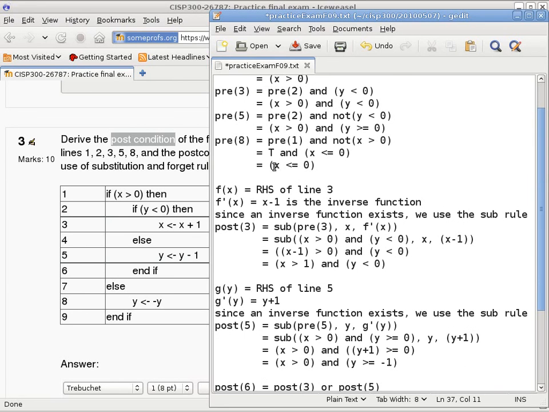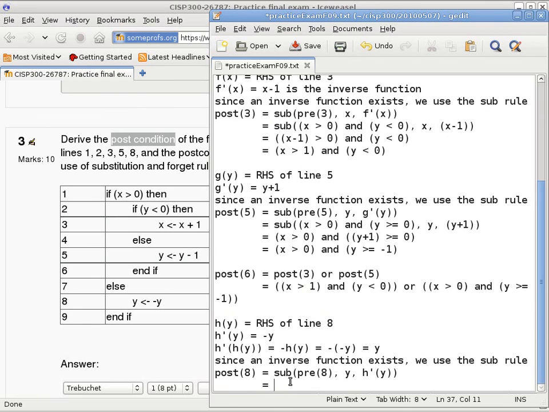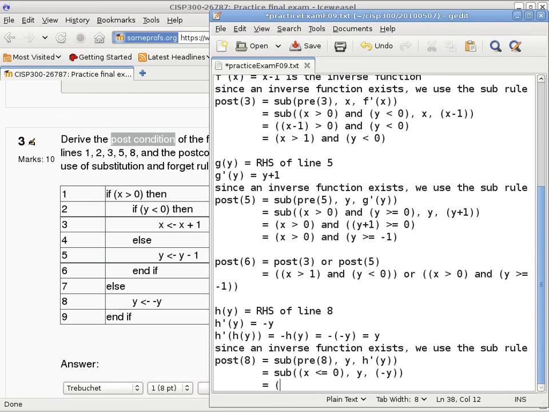Like that. And interestingly, after the substitution, nothing happens because there's no mentioning of y anywhere in that condition. Okay? Okay, so we're done with post 8.